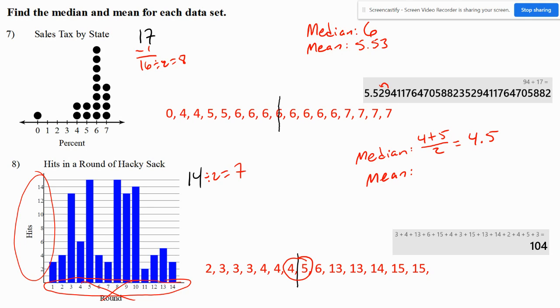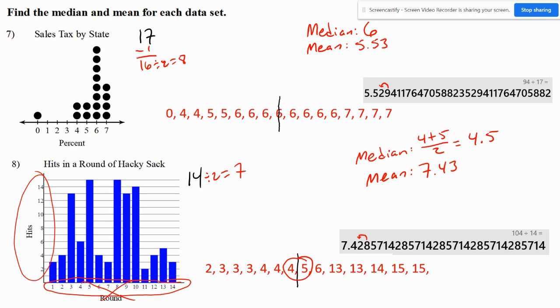Because there's 14 numbers, I want to go 104 divided by 14. I notice that my third decimal number is big enough, so my answer is 7.43. It brings my second decimal number up. What I mean with big enough is 5 or more. So my mean happens to be 7.43.